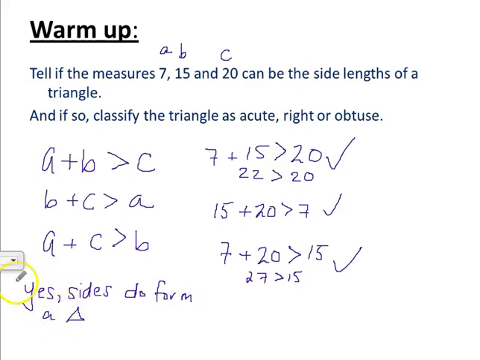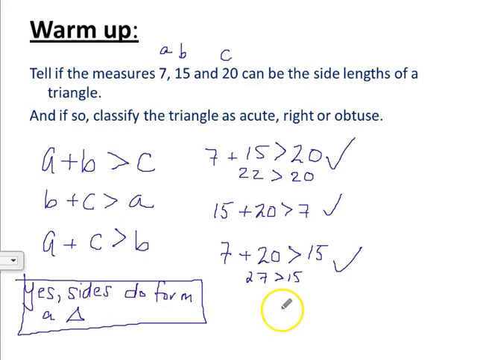And now, what kind of triangle? Is it acute, obtuse, or right? So now we're going to use the Pythagorean inequality theorem to see what kind of triangle it is.